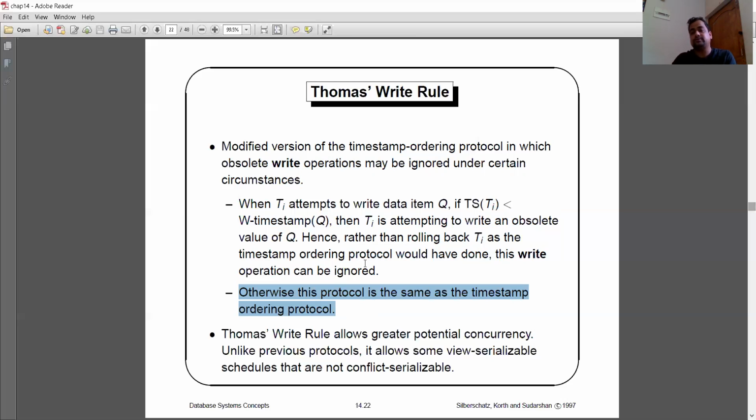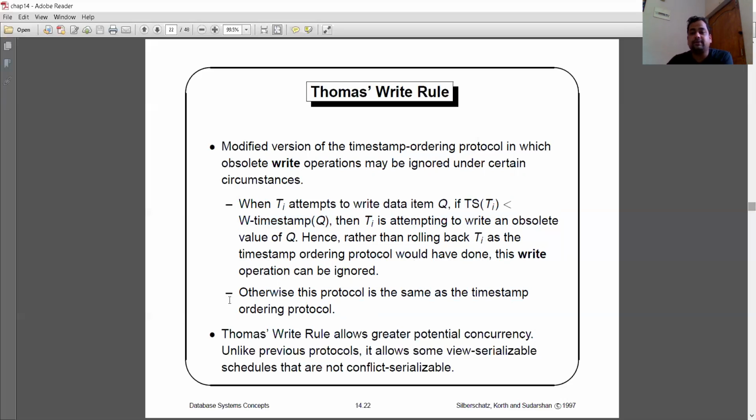All other rules are the same as the timestamp protocol except the first one. That means if this condition is satisfied, the timestamp of Ti is less than the write timestamp of Q, then rather than rolling back the transaction Ti, we only ignore the write operation.